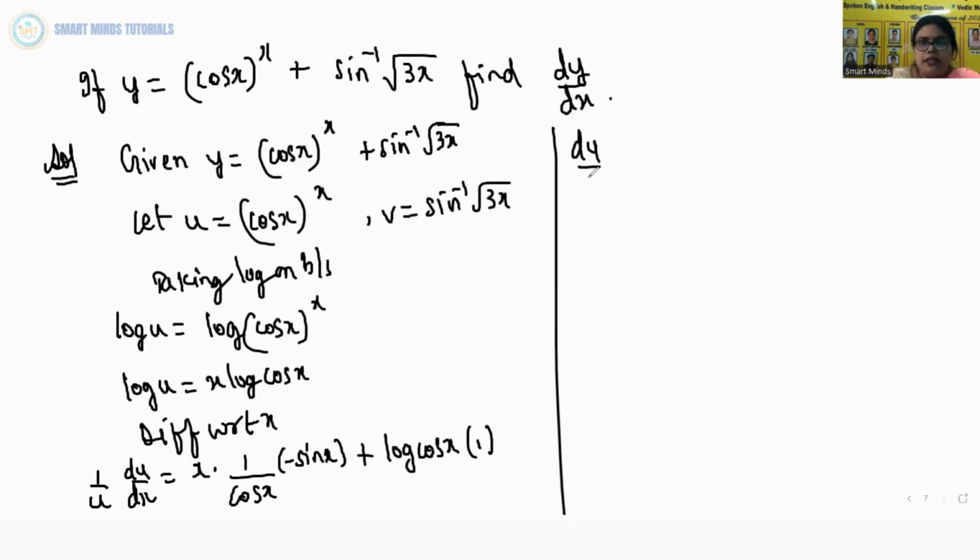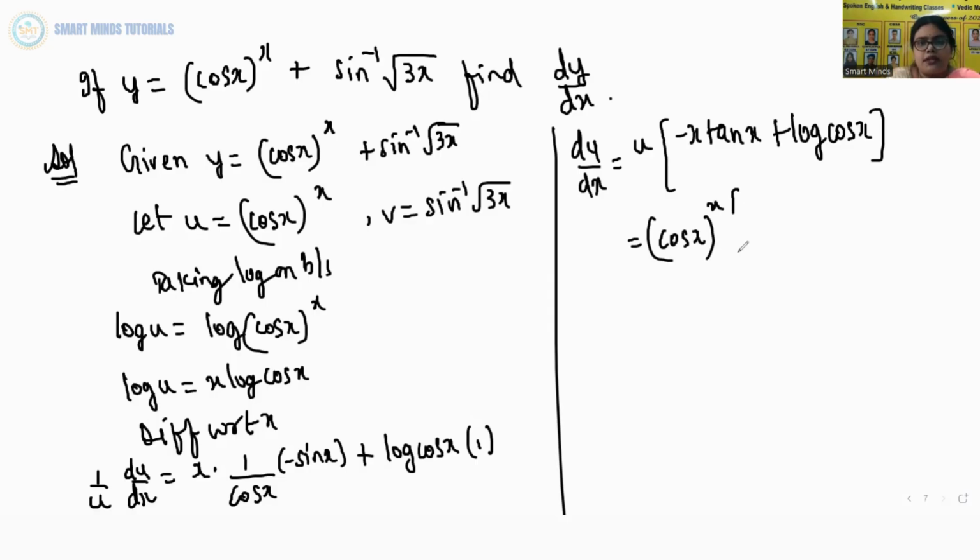So du by dx is equal to, if I take 1 by u to the other side, it becomes u into minus x tan x plus log cos x. That is equal to, u I am replacing with (cos x)^x into minus x tan x plus log cos x. This is du by dx.